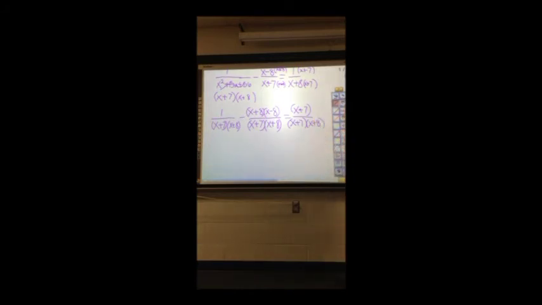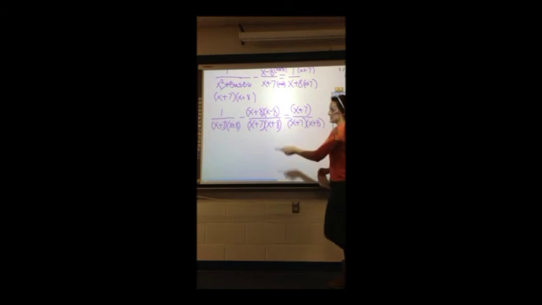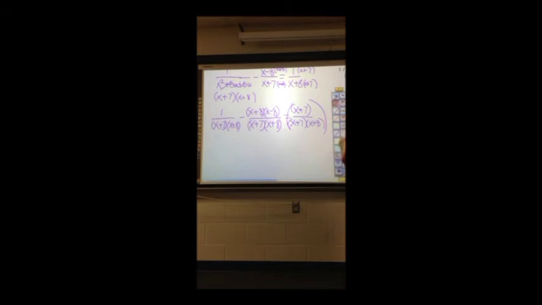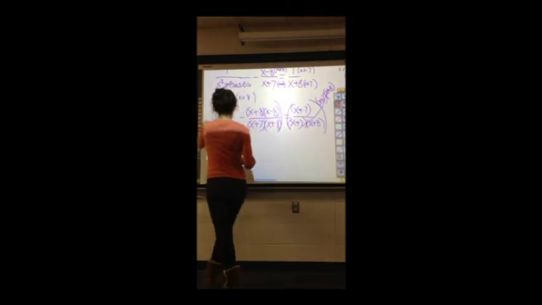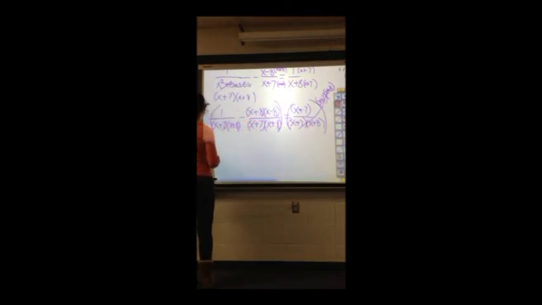Alright, and then from here, you're going to want to get rid of your denominators so that it's an easier problem to solve. So what we're going to do is multiply this side by x plus 7 times x plus 8. So it cancels out this. And then we're going to multiply this side by x plus 7 times x plus 8. Multiply that, and that cancels out that.